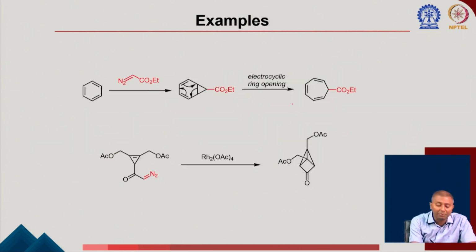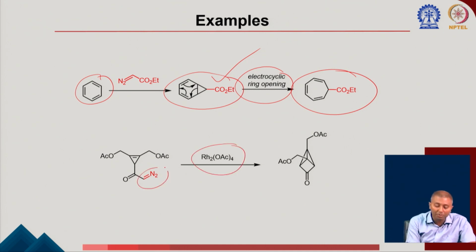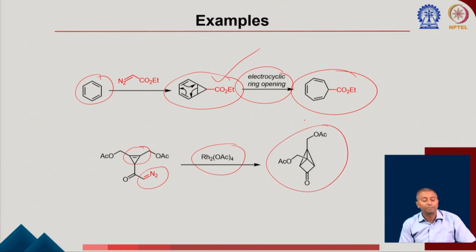Now you can see this phenyl ring can react with one of the olefins, and after that it can go for electrocyclic ring opening to form this compound, which is shown here. Then there is another example here. Again the rhodium carbene can be formed by the corresponding diazo decomposition. Then there is an olefin here which forms a cyclopropane to make some sort of a strained molecule.